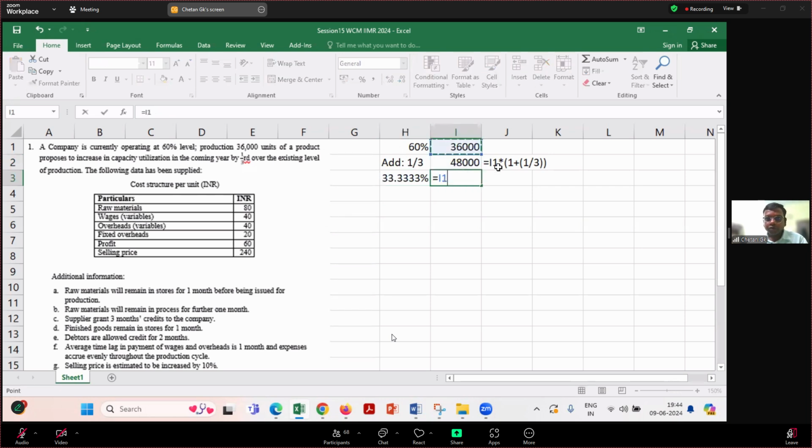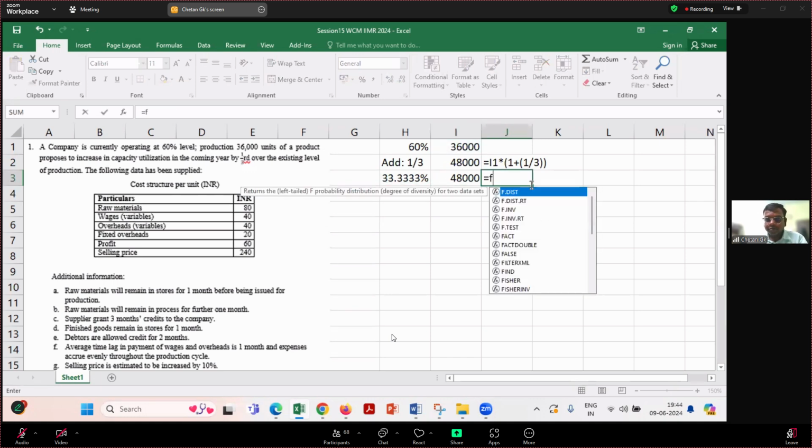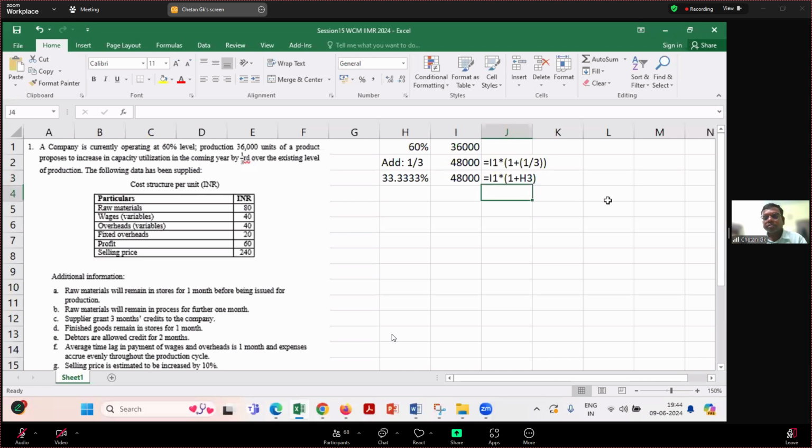So 36,000 multiplied by 1 plus this, you're getting 48,000. How many of you got 48,000? Just put it in the chat box as yes. Good. So many participants are doing it. I'm happy about it.